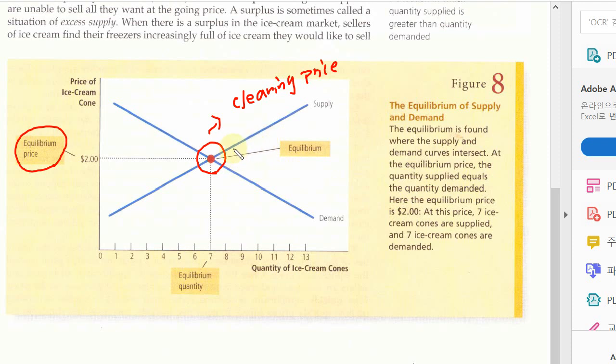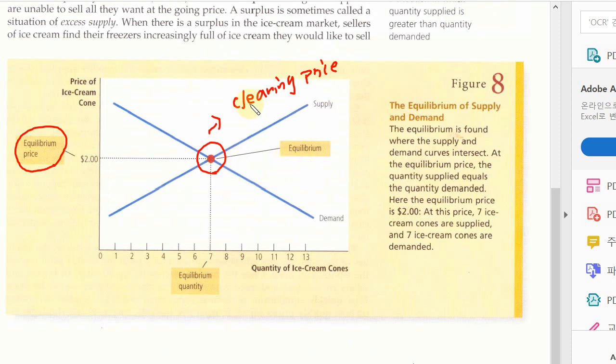Then we will see what can happen on the basis of the clearing price. The clearing price is the price where demand and supply meet together at the equilibrium price. The equilibrium price is very important.